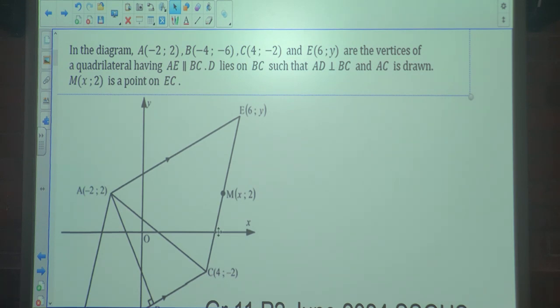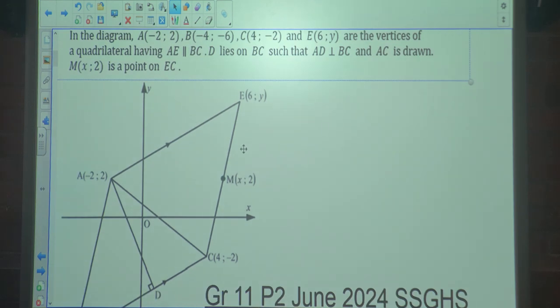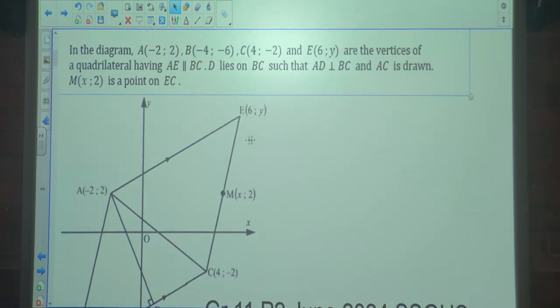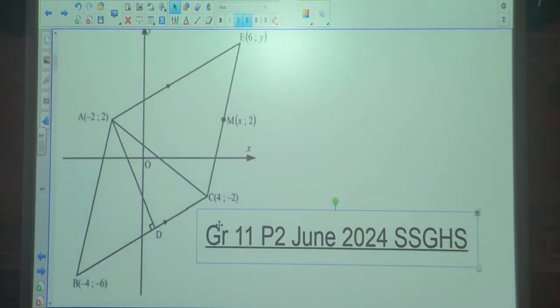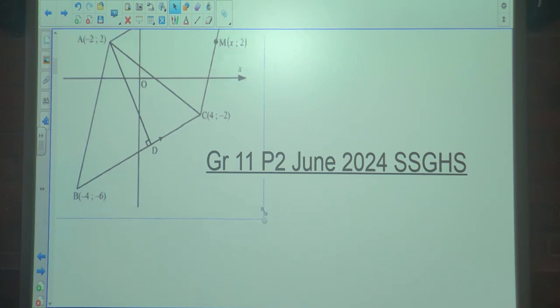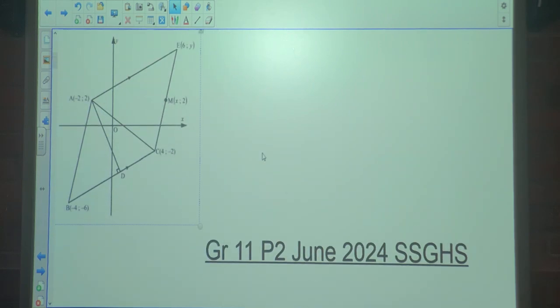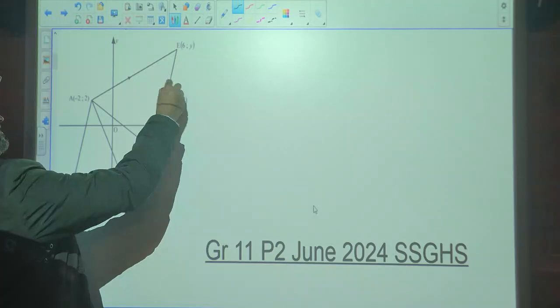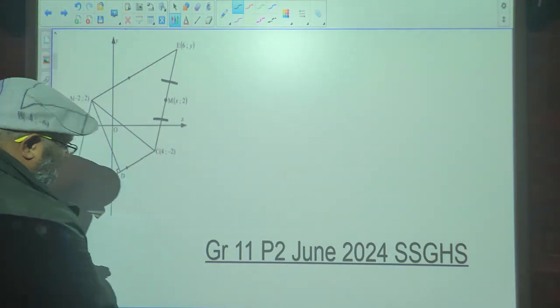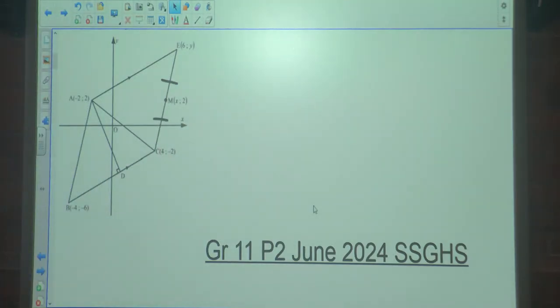And then we are told that AD is perpendicular to BC. And AC is drawn. M, which is (x, 2), is the midpoint of BC. So I'm just going to mark the midpoint on the diagram, and as we can see the perpendicular is already marked 90 there. Okay, perpendicular. So let's go to the first question.